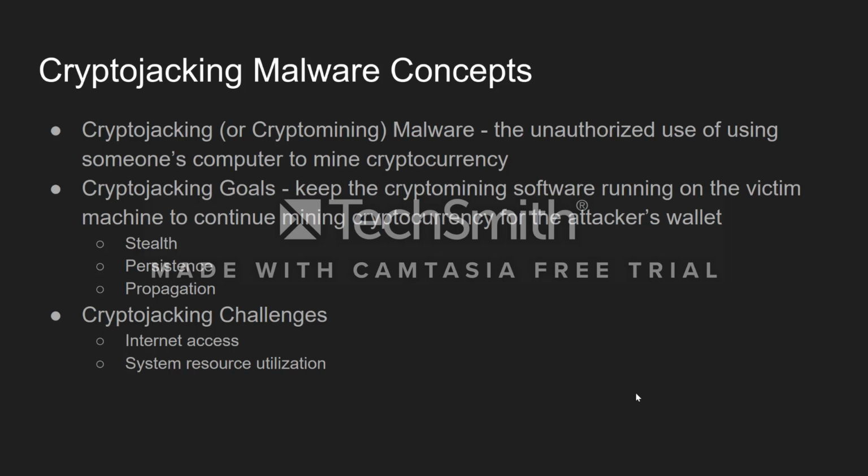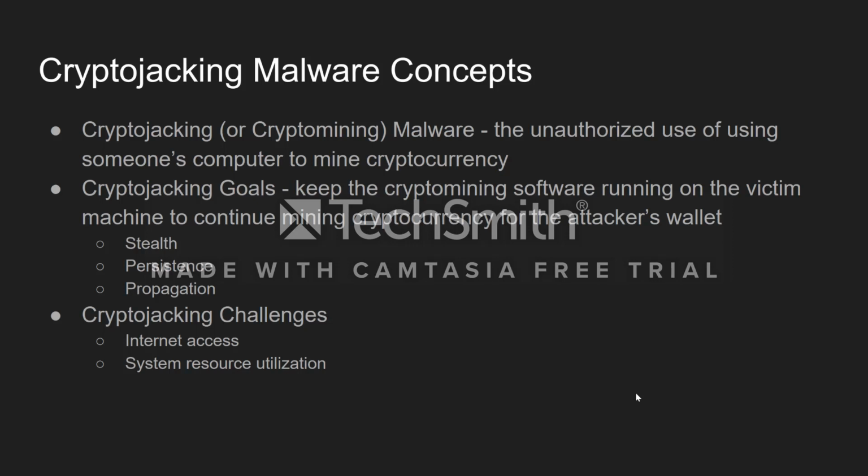How do the attackers get their cryptojacker malware on victim boxes? Some really popular ways are to make variants of other well-known malware. An example would be to use the WannaCry worm that uses the EternalBlue exploit to initially exploit boxes and then change the payload to cryptojacking malware.